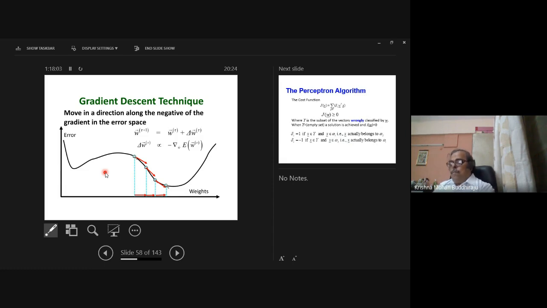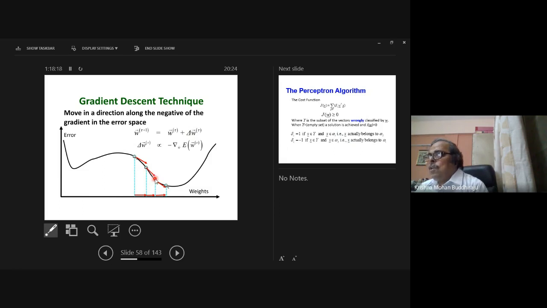Each time you update these weights, the increment depends on the amount of downward step you are taking to reach the minimum.